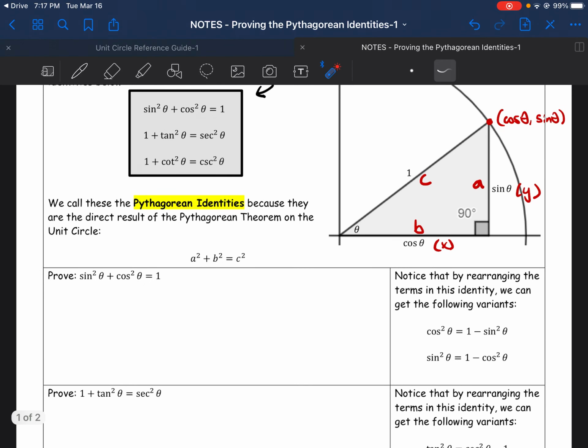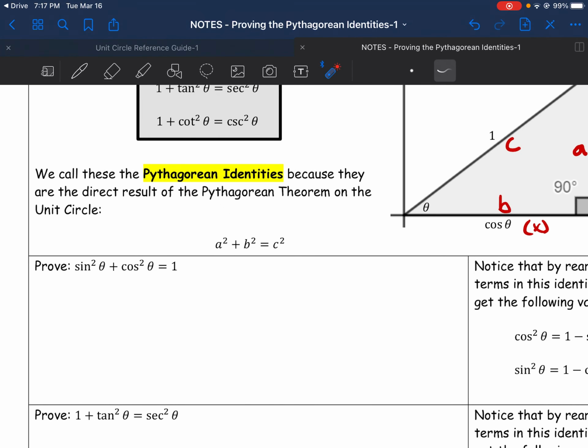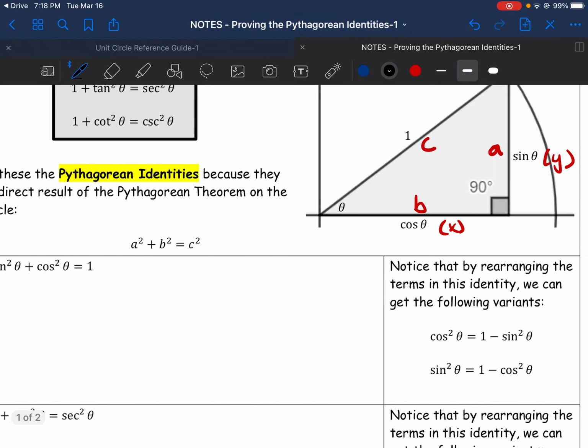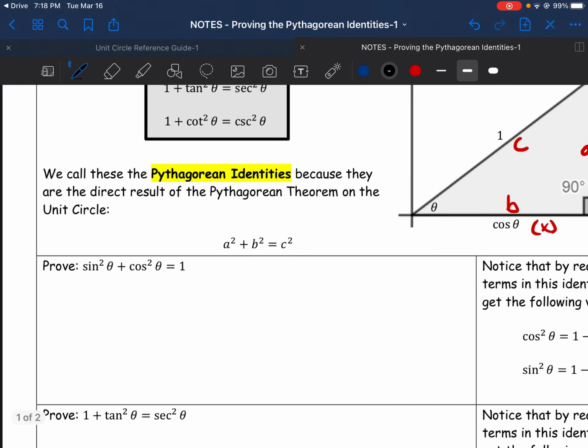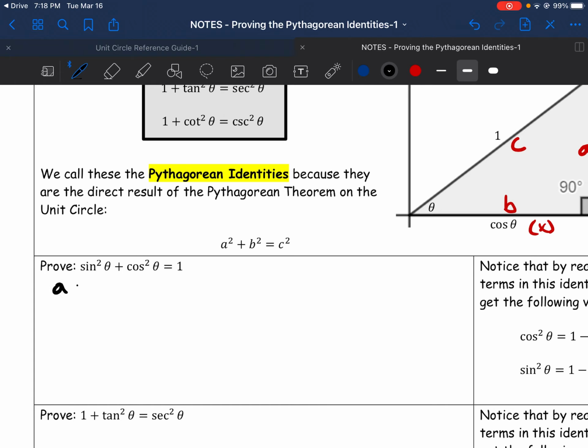Let's prove that sine squared of theta plus cosine squared of theta equals 1. Again, we've already said that a is going to be sine of theta. So let's write some information down here. A equals sine of theta. B equals cosine of theta.